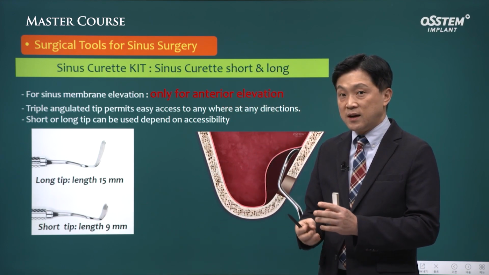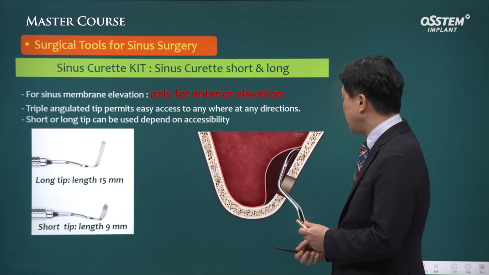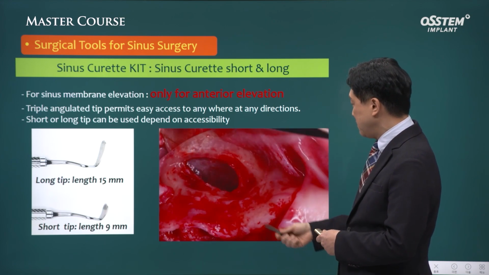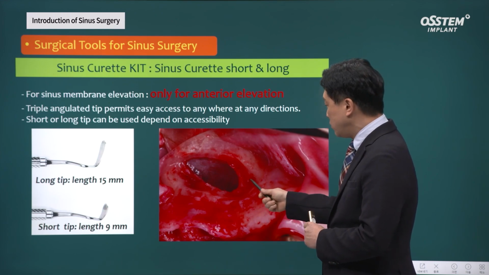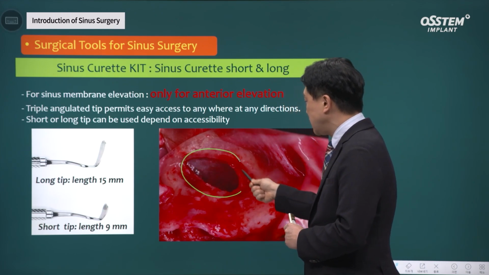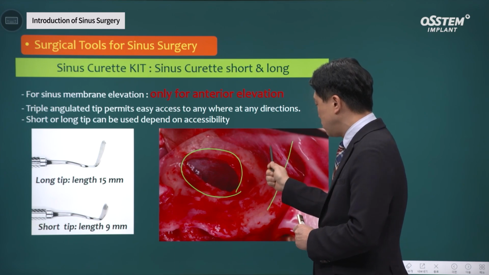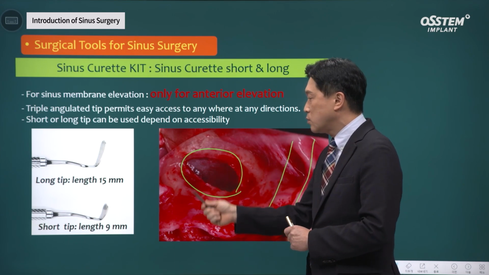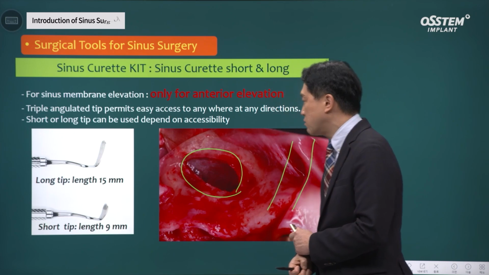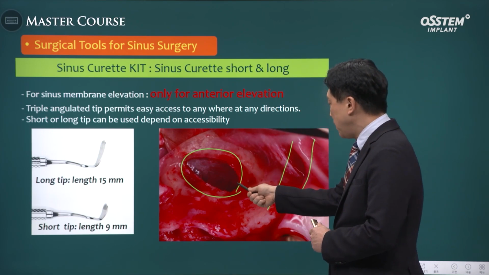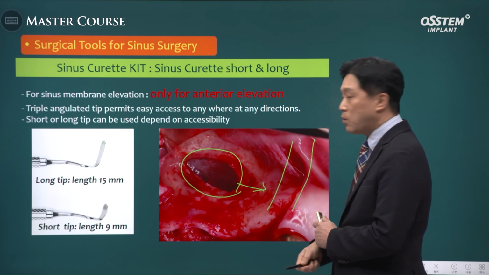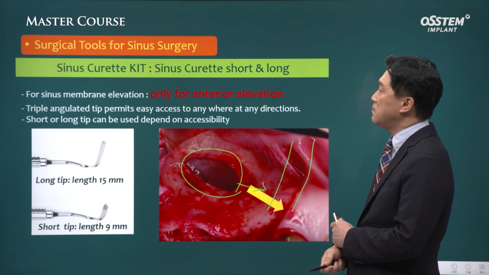When we do lateral approach, to elevate the anterior part, this curette is used. Depending on the position of the window, the anterior part can be short or long, so that's why there are 2 types. These curettes are used only for elevation of anterior part.